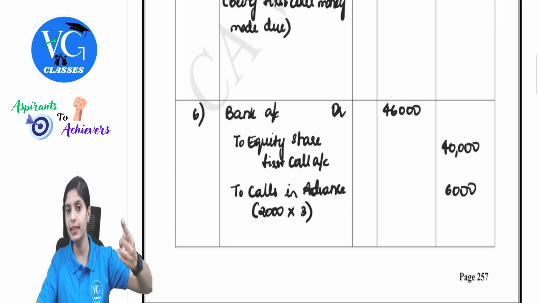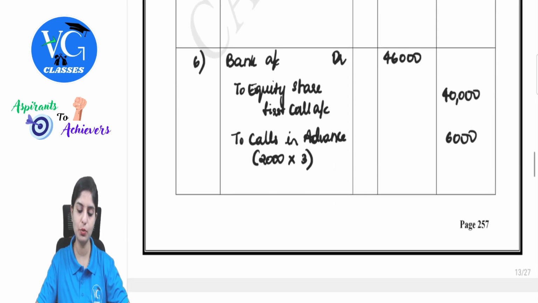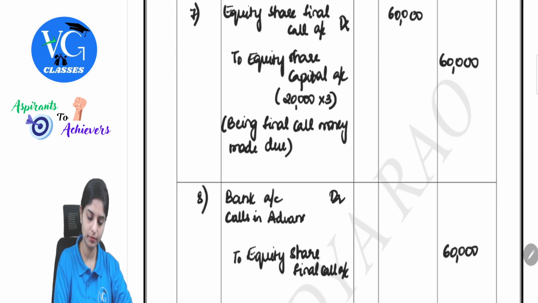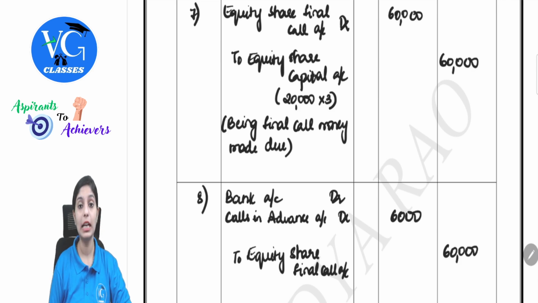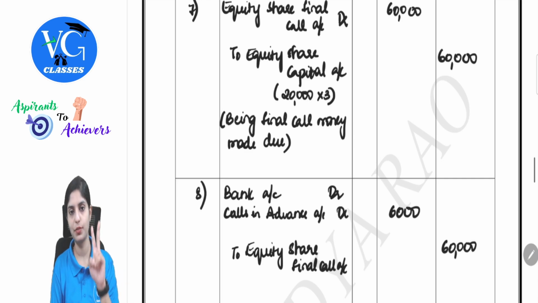I had received it earlier. So don't you think with respect to this money made due, I will have to adjust. So calls in advance was credited. Now I will utilize this here. So I will debit calls in advance, 6,000.